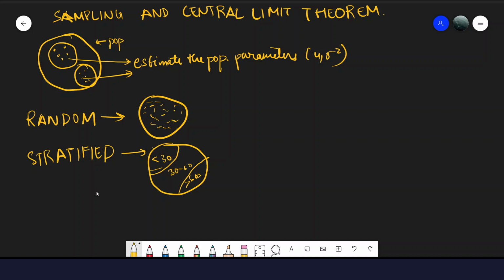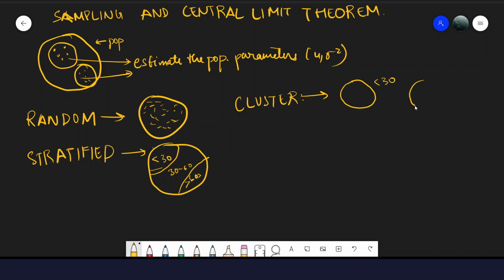That is stratified sampling. After that, there is cluster sampling. Now, cluster sampling and stratified sampling aren't very different. They are almost similar. But the fact is that clusters can come from different populations as well. So I can have a cluster where the population is less than 30 years of age.